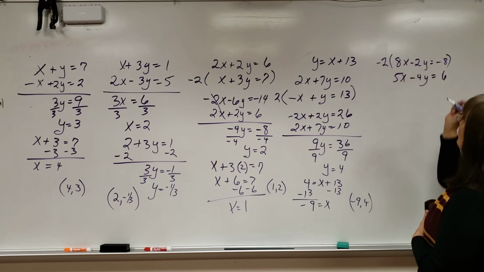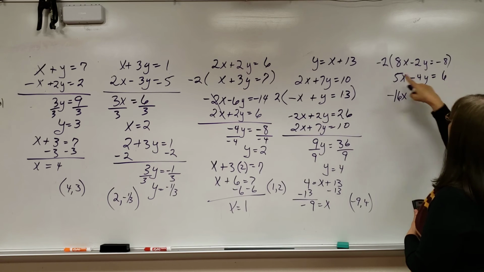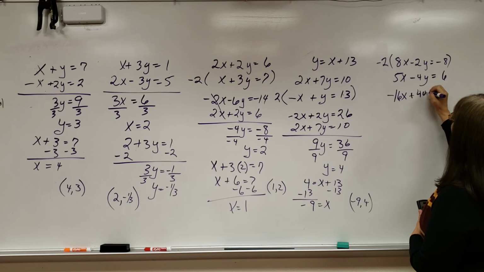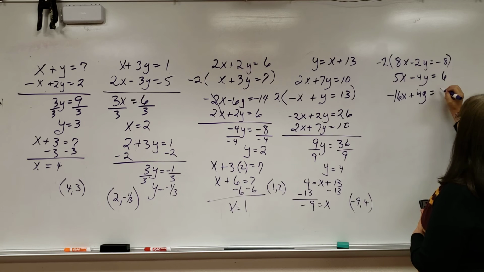So negative 2 times 8 is negative 16x. Negative times negative is a positive 4y, and negative 2 times negative 8 is positive 16.